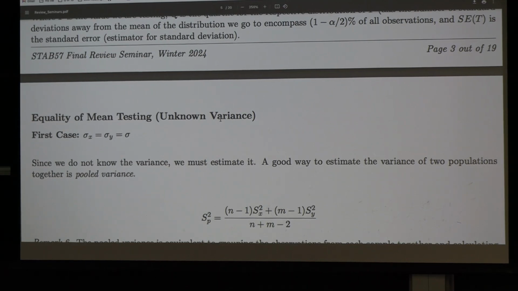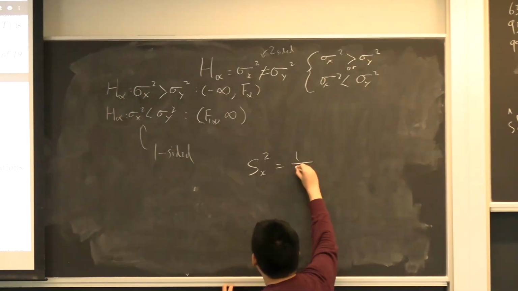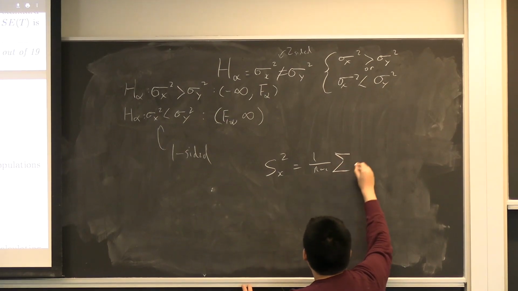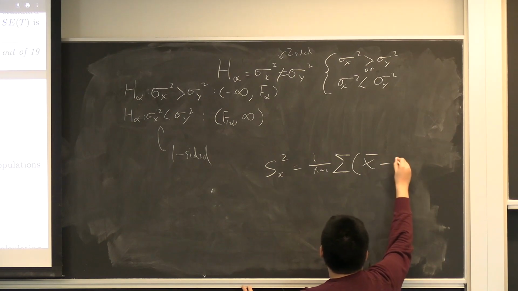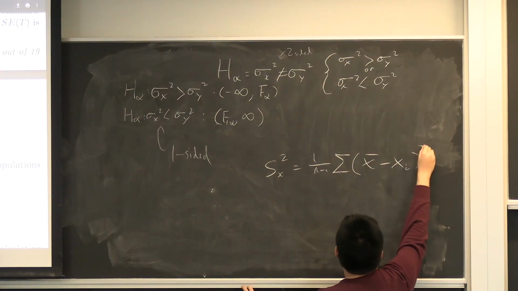In fact, if you break down that equation there, remember that there's m values for population y, n values for population x. The sample standard deviation for population x is just 1 over n minus 1 sum of x bar minus observed x squared.